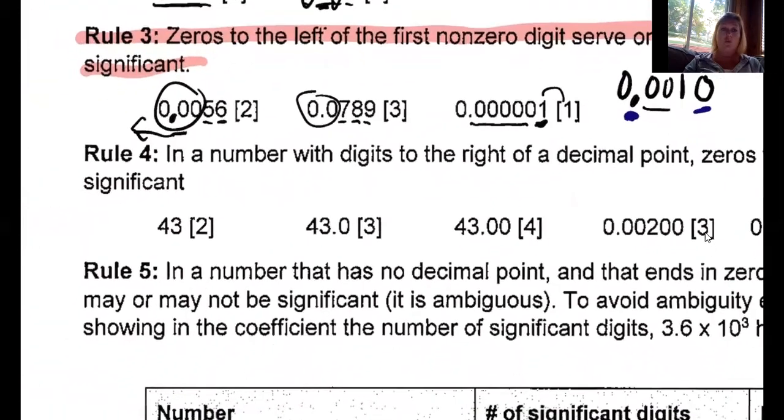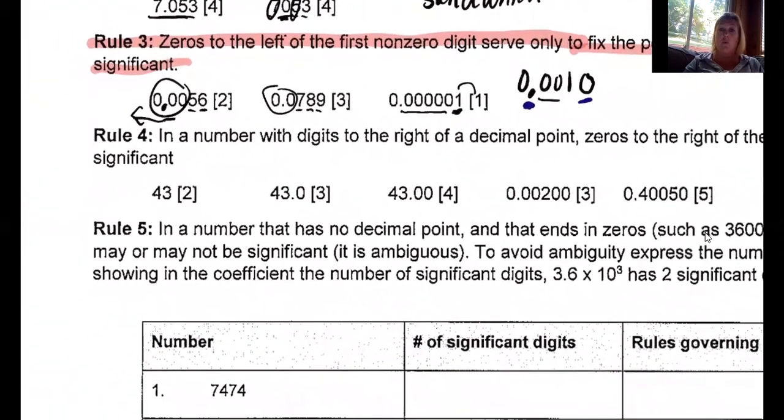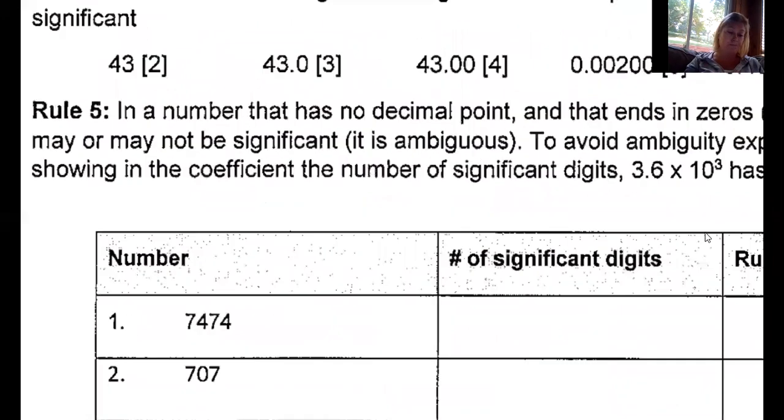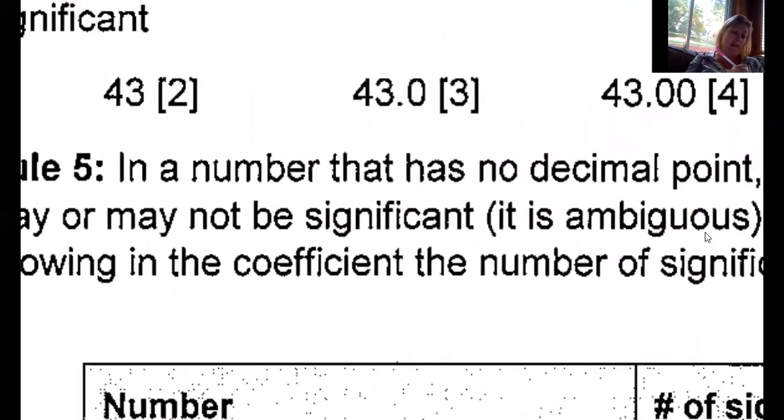Rule 4 talks about digits to the right of a decimal place. If there's a decimal and the last digit, which is always to the right because we write left to right, is a 0, then it's significant. Looking at this one, 43, the 4 and the 3 are significant, so we have 2 significant digits. The next example, the 4 and the 3 are significant because they're non-zeros.